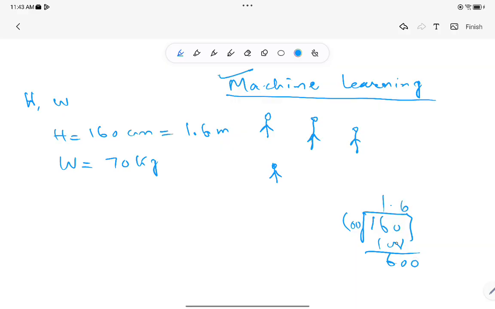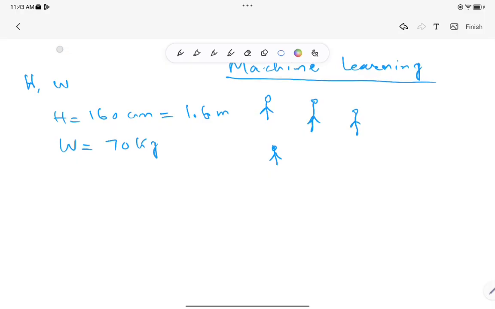We could have directly measured height in meters, which would be better, and this is what I have done. Height is 1.6 meters and weight is 70 kg.